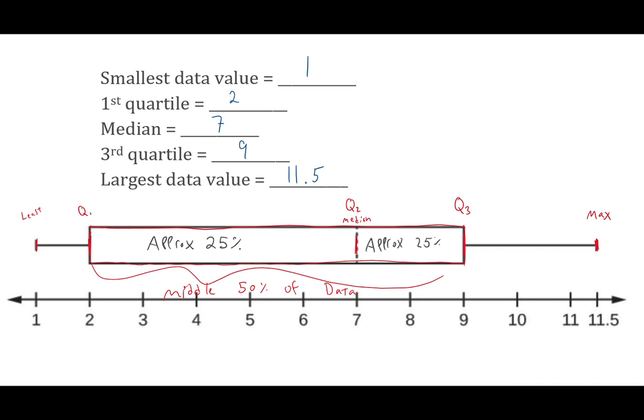Because each of these values that are identified on the graph represents approximately 25% of the distribution. So each little section of this box and whisker plot represents about 25% of the data values. From here to here is about 25% of the data values, and then between Q3 and the max we also have 25% of the data values.